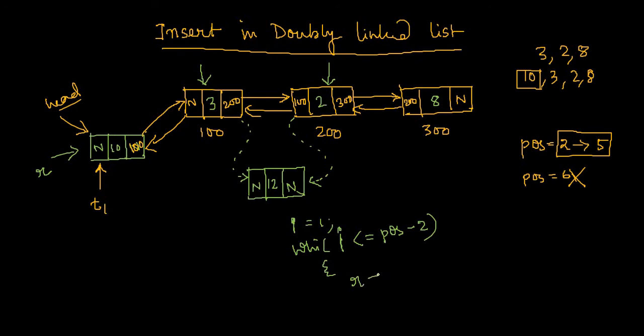So you will just do R equal to R next. That's all. So when this while loop breaks, what will happen?